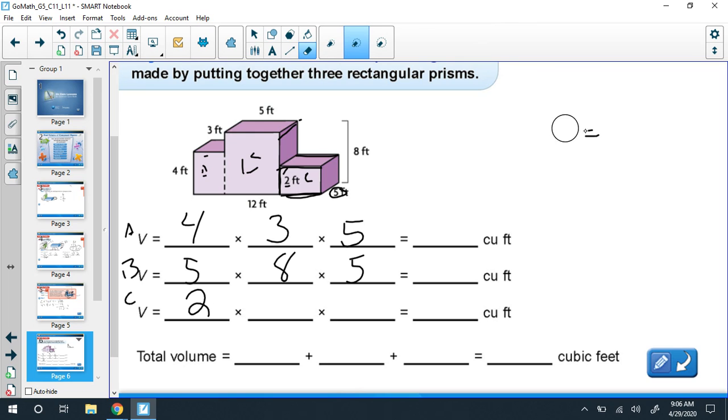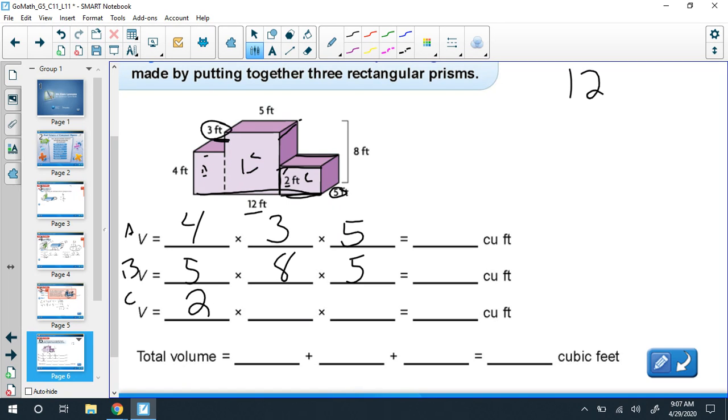So what I'm going to need to do is say, well, the whole length all the way across the front is 12 feet. I've already looked at this measurement right back here, which is 3 feet. And I've already used this measurement right here, which is 5 feet. So I know that from here to here is 3 plus 5.